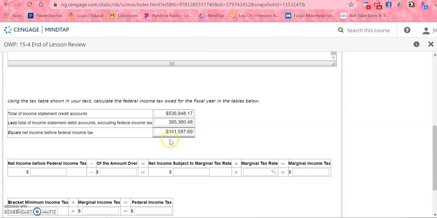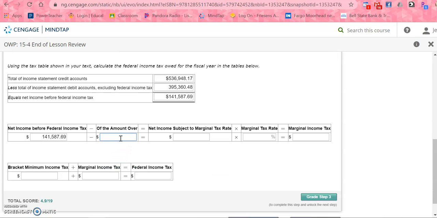Okay, so this then becomes my net income before federal income tax. Okay, now in this first one, it says net income before. I'm just copying this number again. 141,587.69. Now, this says the amount over.